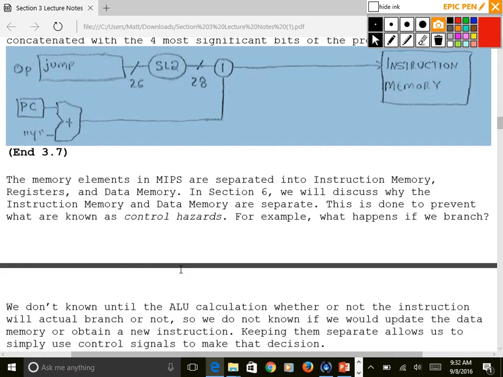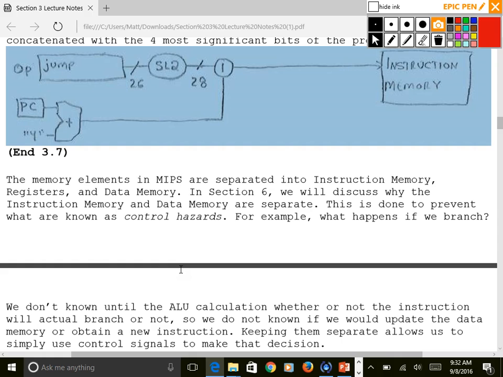The idea is we're trying to get multiple instructions into the data path simultaneously. So we break it into stages where we're executing one stage of an instruction, while a different stage of the data path is doing that stage of a different instruction. The whole goal is to make the computer run faster, to get in as much as possible. Well, the problem is we run into these things called control hazards, which is what I'm alluding to here.